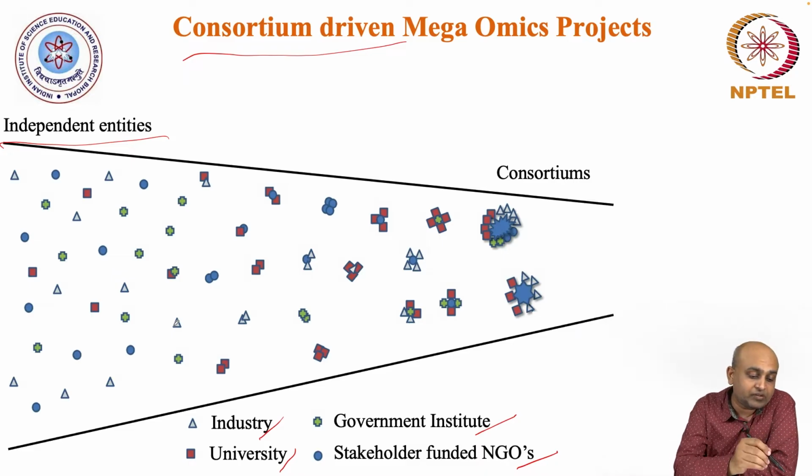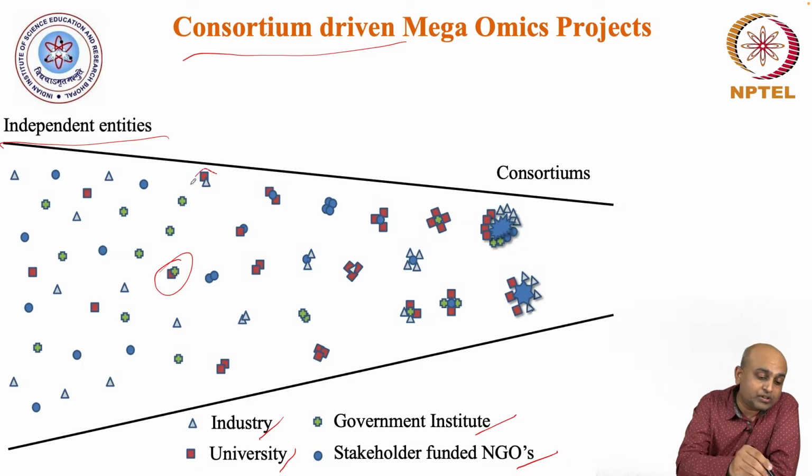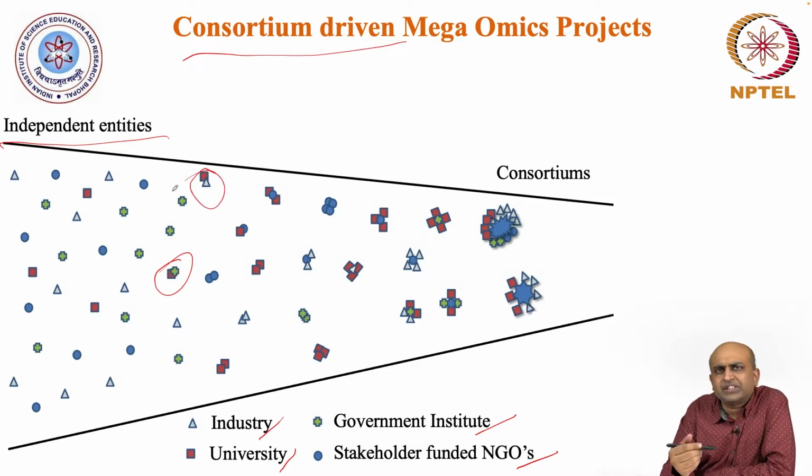But then let's say we combine two organizations. Let's say we combine a university with a government institute. Then you have a very small consortia of two institutes. Of course they pool their resources, they pool their efforts, so then they can tackle slightly bigger problems. Or you could have a consortia of industry and university, so there can be flow of information from these very different entities in how they operate, and then of course you can do other kind of projects.